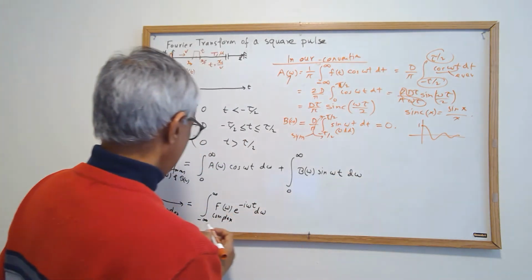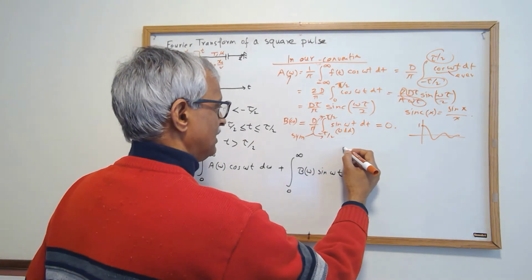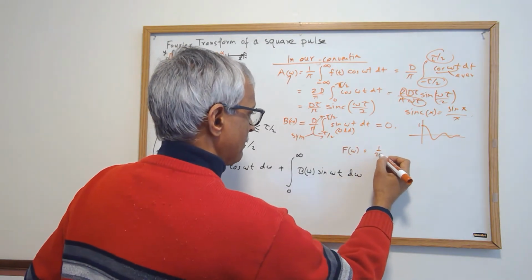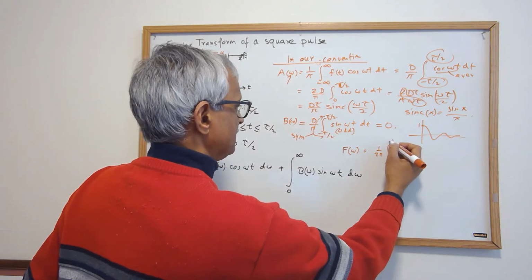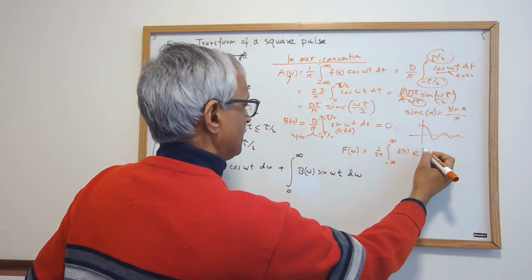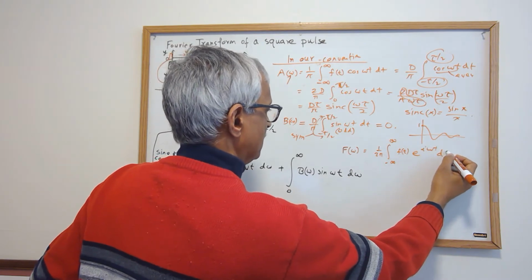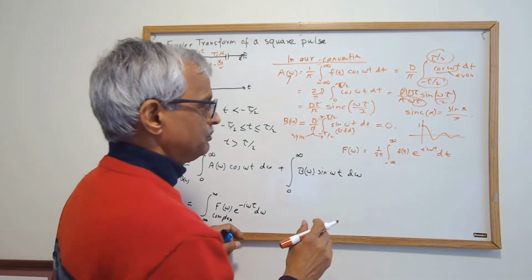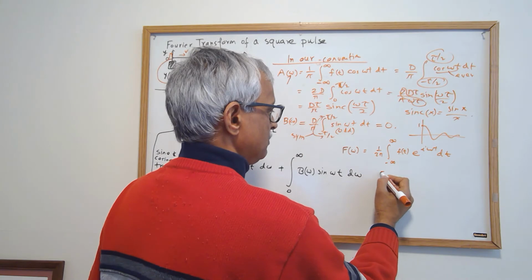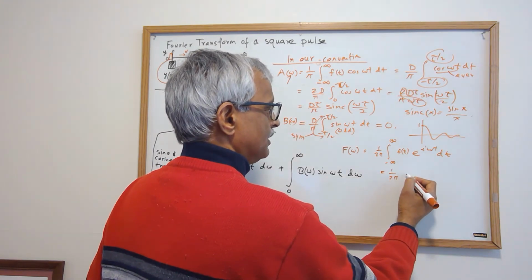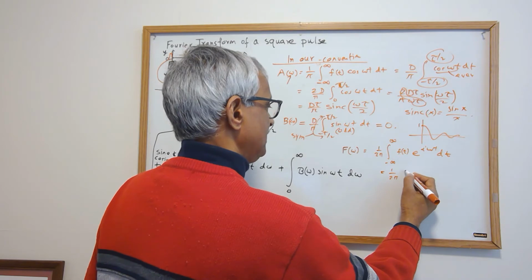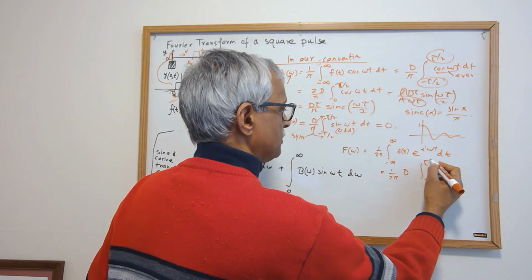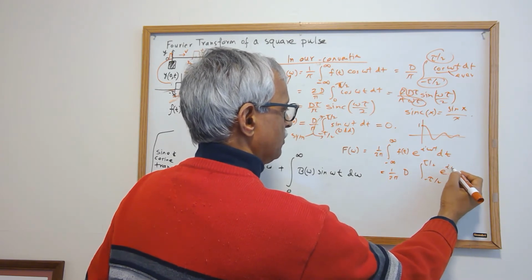How about complex? When you do complex, f omega will be 1 over 2 pi, integral from minus infinity to infinity of f t e to the power i omega t dt. So if I do this out, it's going to be 1 over 2 pi, f t is d, integral from minus tau over 2 to tau over 2 of e to the power i omega t dt.